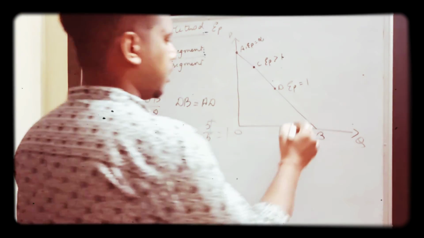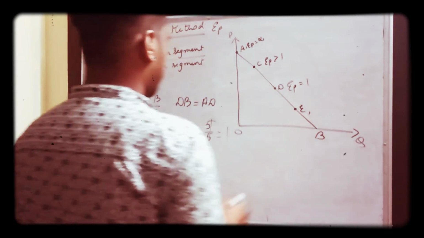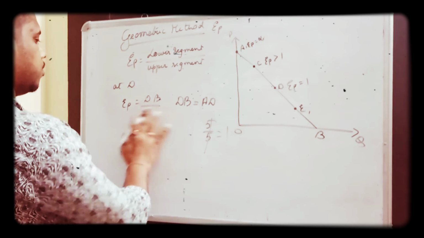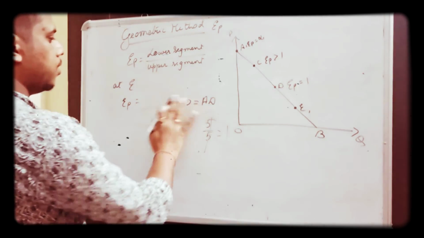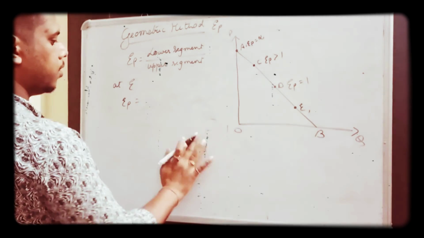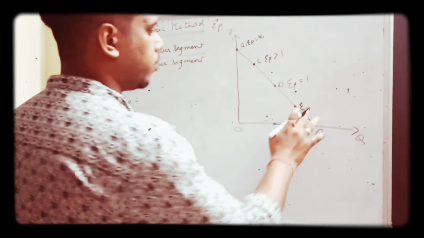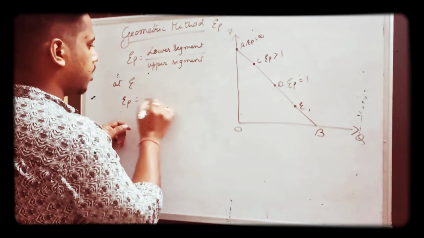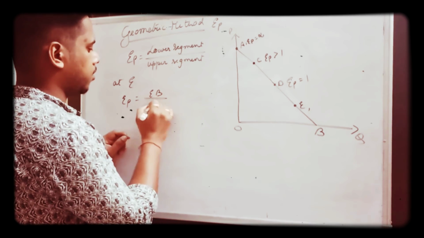Then at point E, what do we see? At point E, the lower segment is EB and the upper segment is AE.